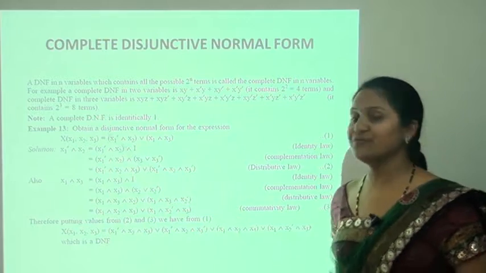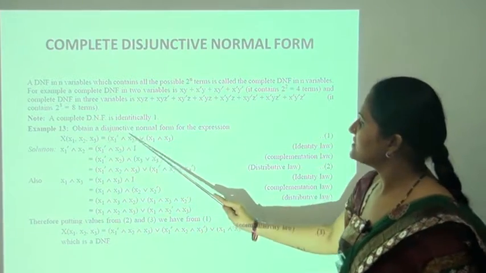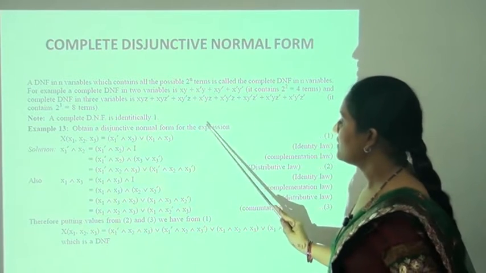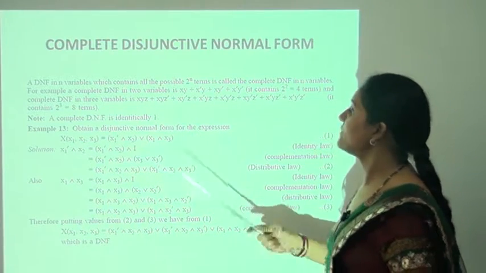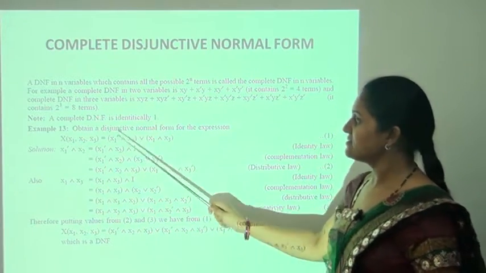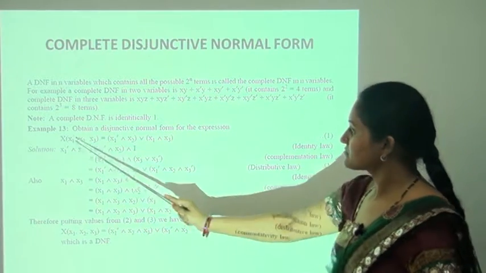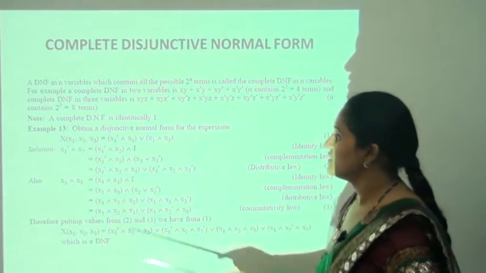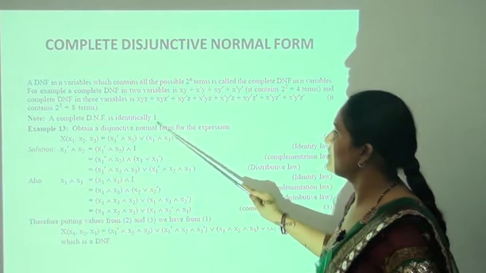And note that a complete DNF is identically 1. So let's take an example: obtain the disjunctive normal form from the expression. The other name for disjunctive normal form is complete sum of products. Here x1, x2, x3 are the 3 variables, and we have to make the expression into disjunctive normal form.